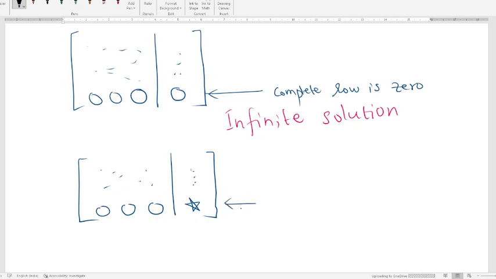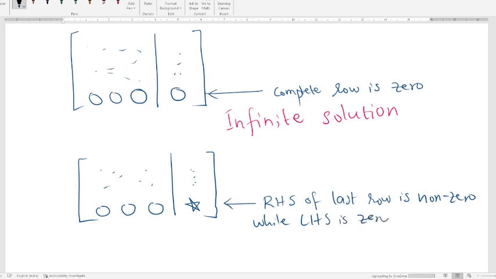So the RHS of the last row is non-zero, while the LHS is zero, right? LHS zero means all of those numbers are zero.